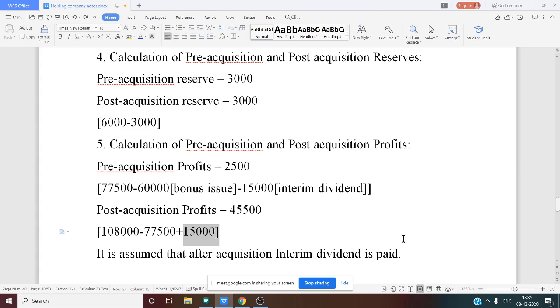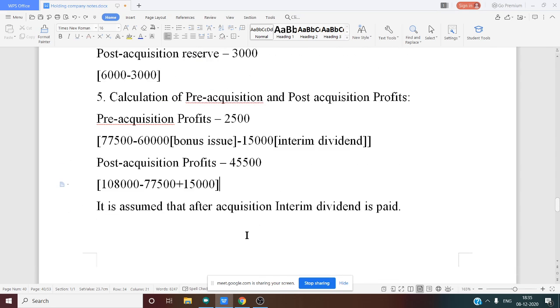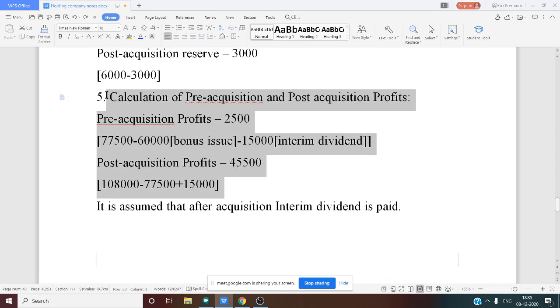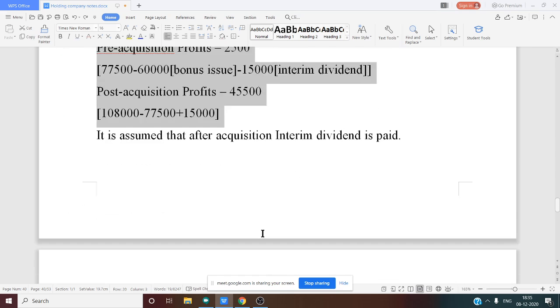Yes, see this. It is assumed that after the acquisition, interim dividend is paid. So this 15,000 is added back. So 45,500 is the post-acquisition profit now. 30,500 plus 15,000, total is 45,500. This is working note number 5, calculation of pre-acquisition and post-acquisition profit.